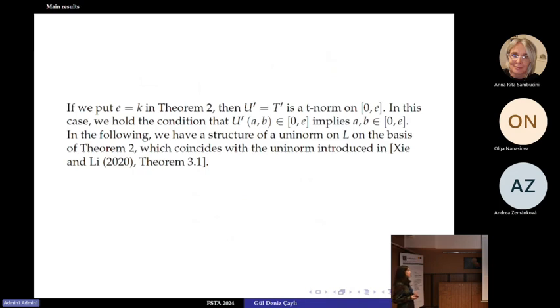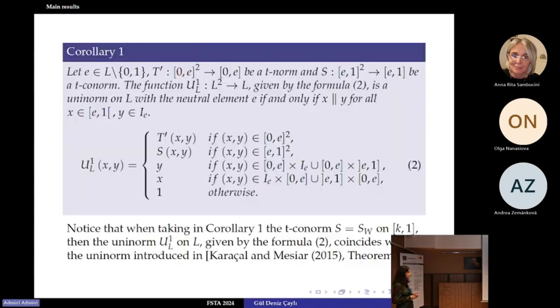If we take in theorem 2 E equal to K, in that case we have a T-norm and it satisfies this condition. In this case, we obtain a structure of a uninorm presented by formula 2. Here, if considering the drastic T-conorm, then we get the uninorm defined in this paper.